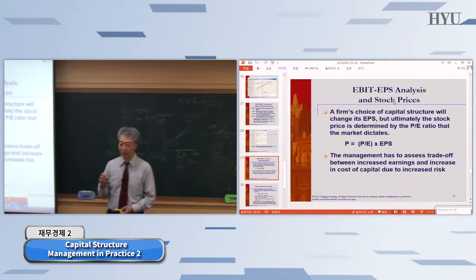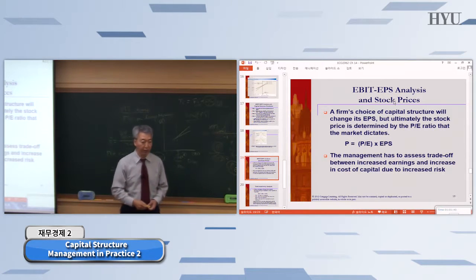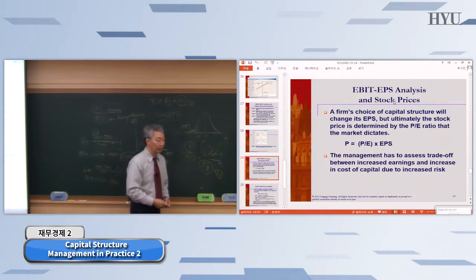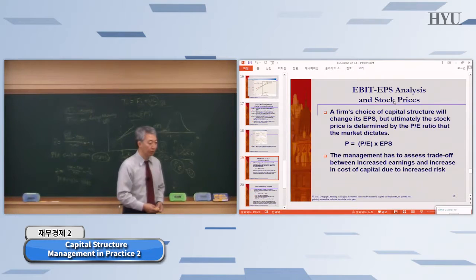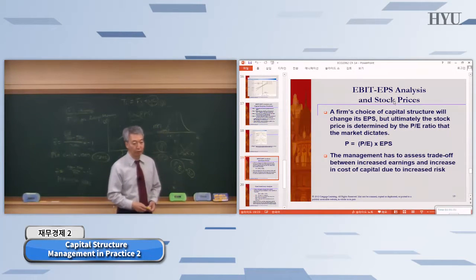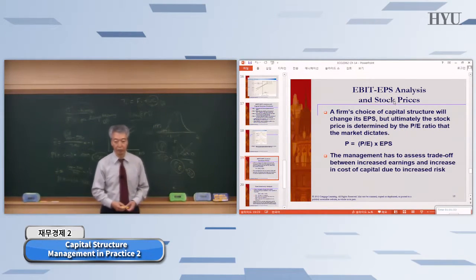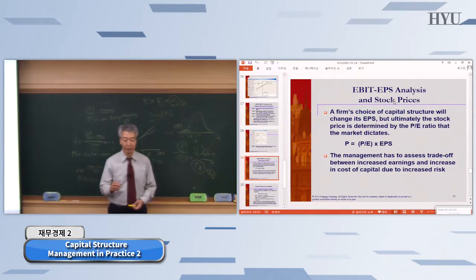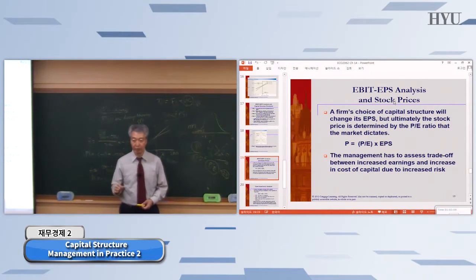But there is something called the P/E ratio. And depending on what the market considers the normal P/E ratio for this particular company, usually for a particular industry, or actually I take it back, it could be for each individual company.